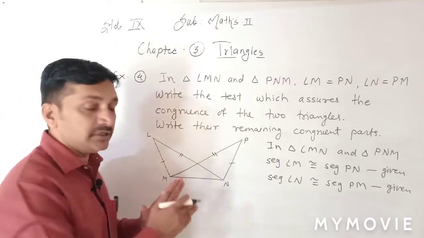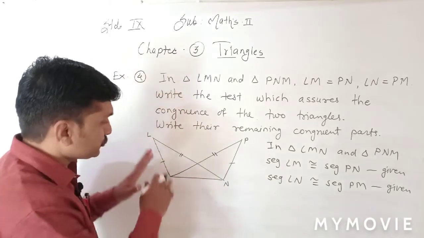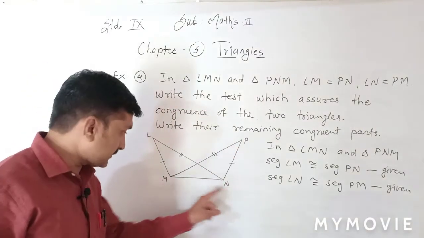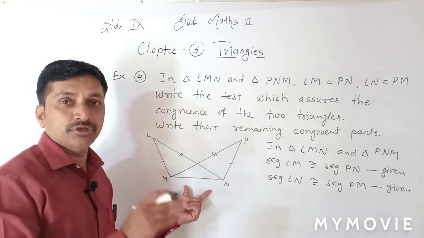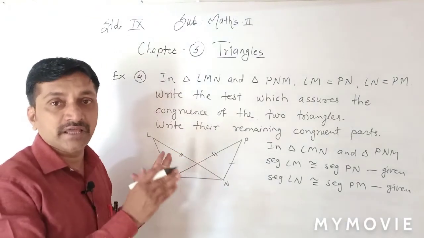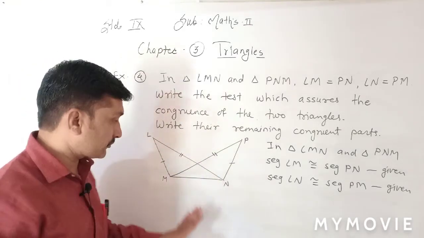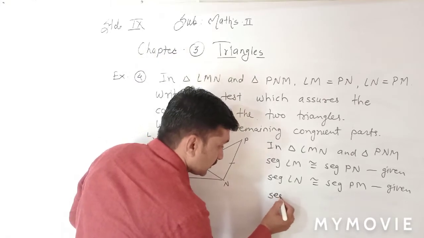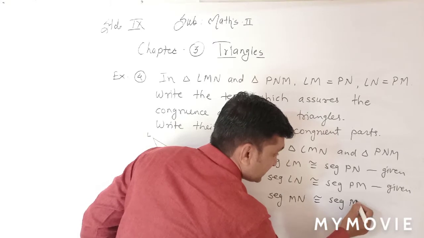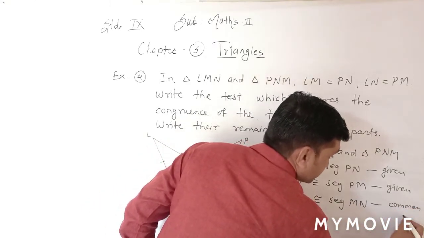There is no vertically opposite angle that we can take. If you see the figure, LMN and PNM, in both the triangles seg MN is common. A common side is always congruent with itself. Therefore we can write seg MN is congruent with seg MN, common side.